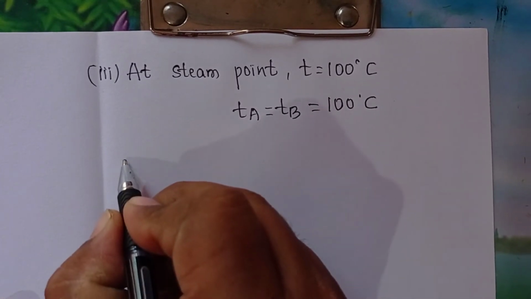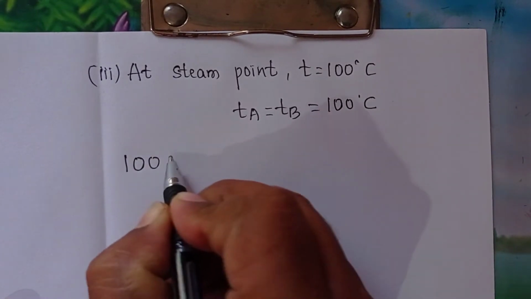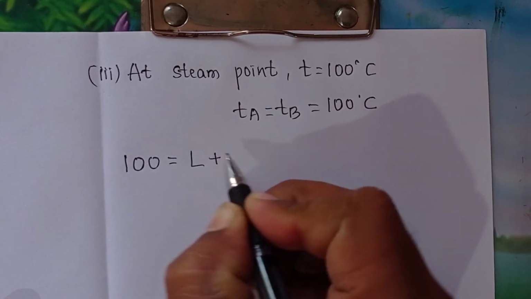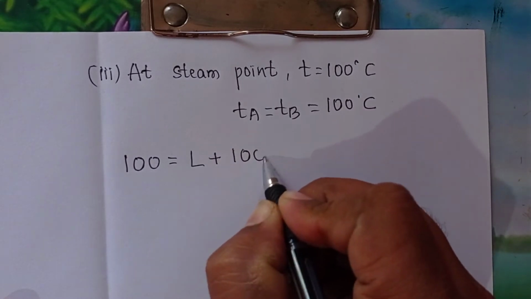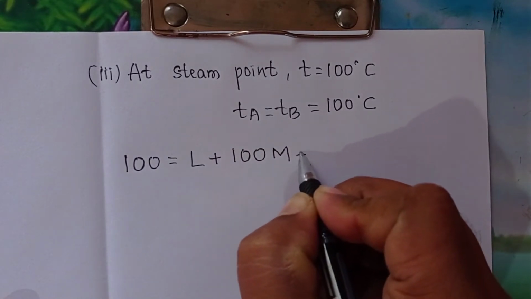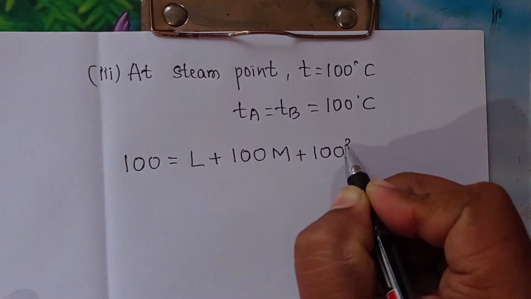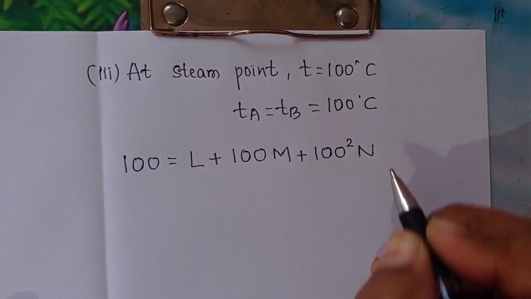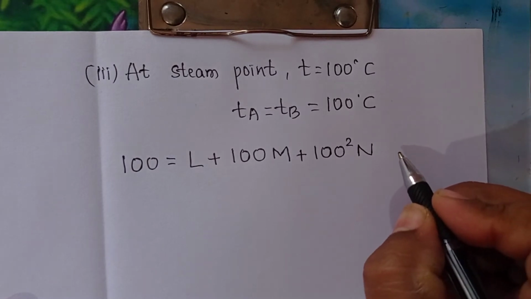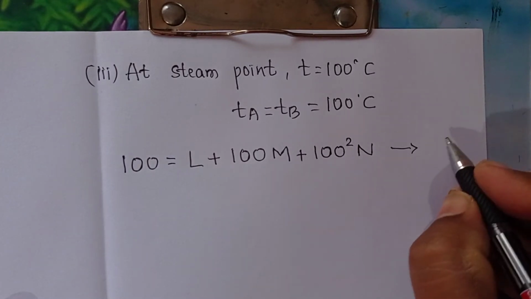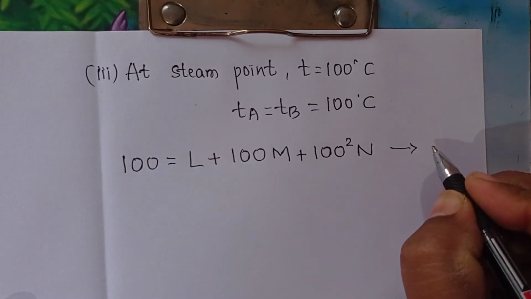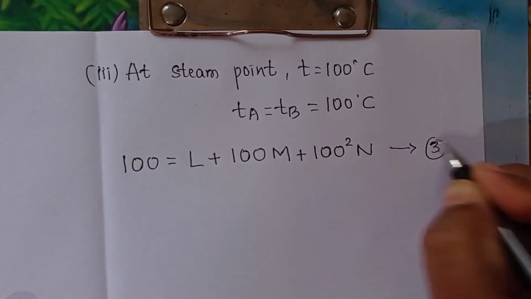So I will get 100 will be equal to L plus 100 m plus 100 square n. This is at steam point. So I can write this as equation number 3.